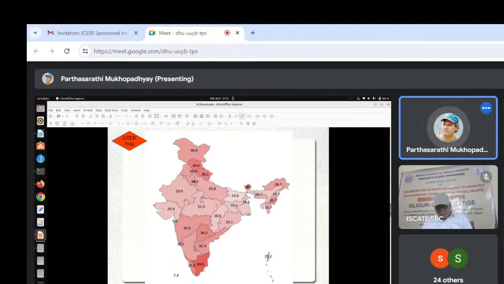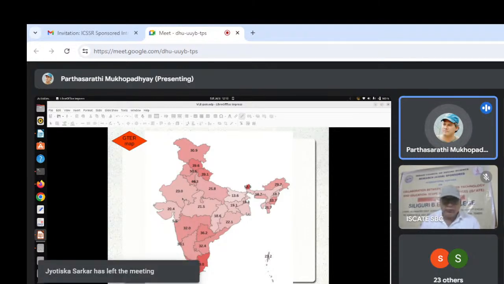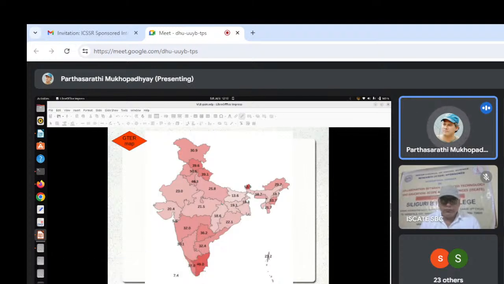But if you go to the western part of the country, central, eastern, northeastern, we are pulling India back. Let us take the case of West Bengal, 19.3. And you see, the oldest university of the country was established in West Bengal, long back in 1857 or something like that.